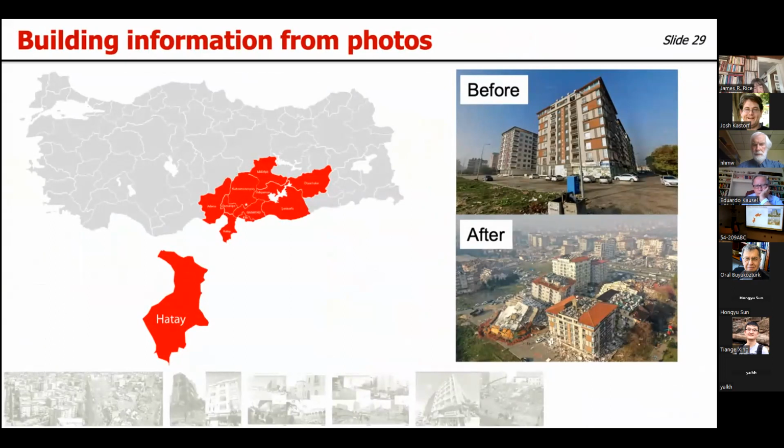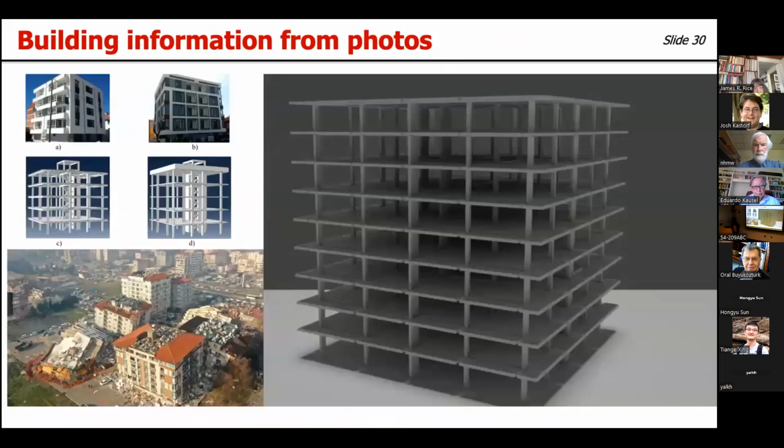But for these preliminary tests, we get the building information just by guess. We have pictures, so we can guess what the structure is, and we can count the stories of the buildings. Just like that, we build buildings in our virtual world by looking at the pictures.